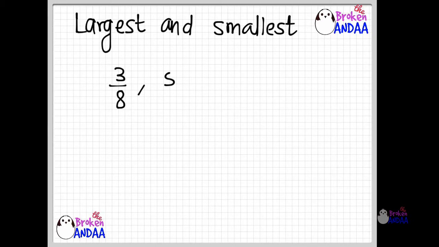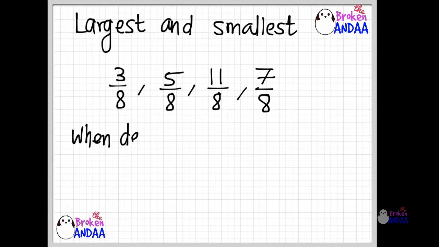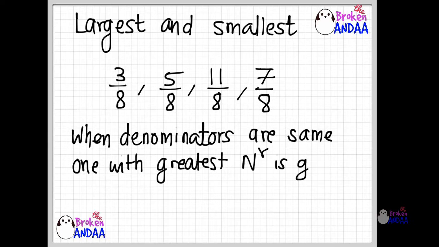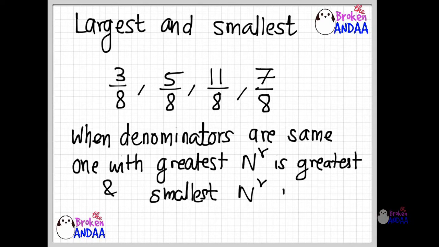Let's say we have 3 by 8, 5 by 8, 11 by 8, 7 by 8. All of these numbers have the same denominators. So whenever denominators are the same, the number with the greatest numerator is greatest and the number with the smallest numerator is smallest.